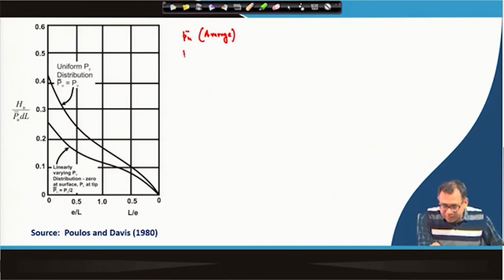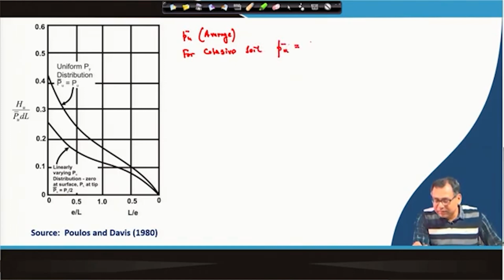Okay. Now, for cohesive soil, P U bar is uniform and that value is given as 9 c u D, that is for cohesive soil, which is uniform.